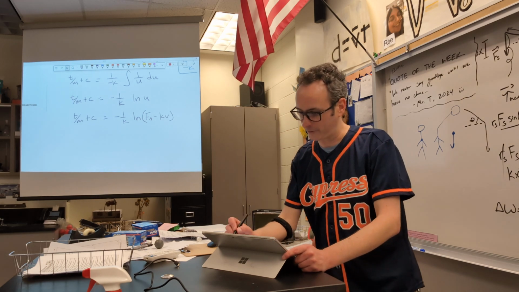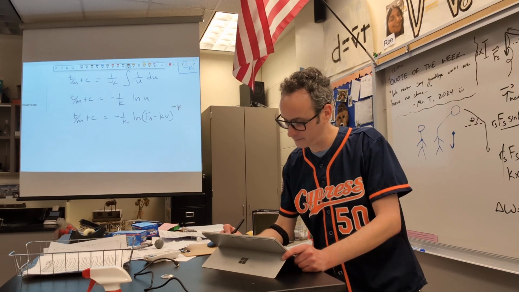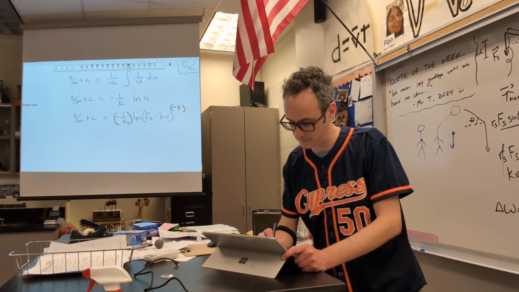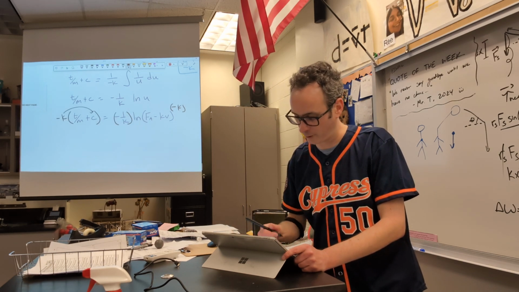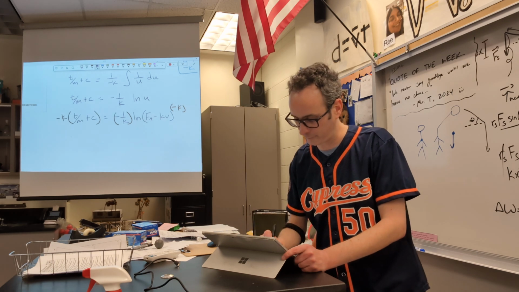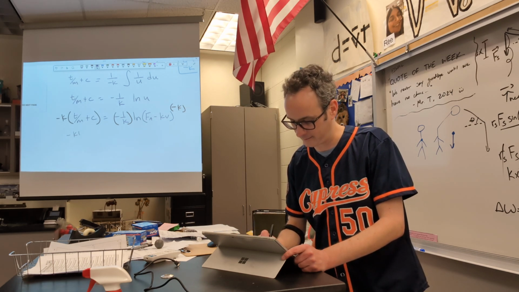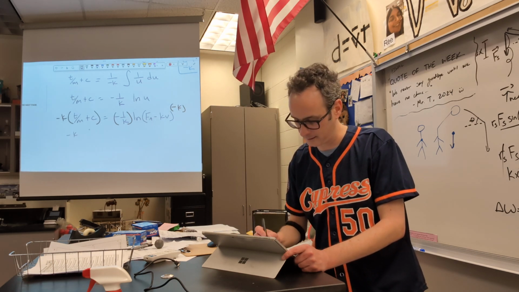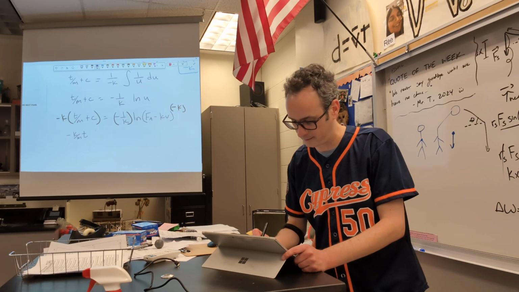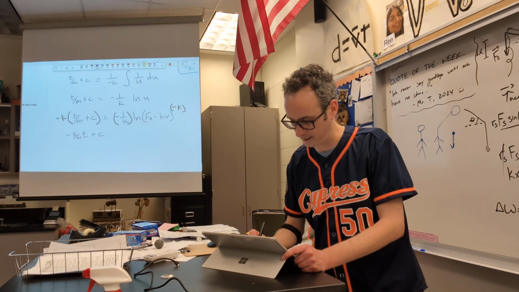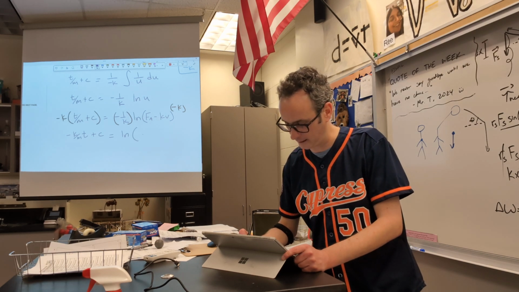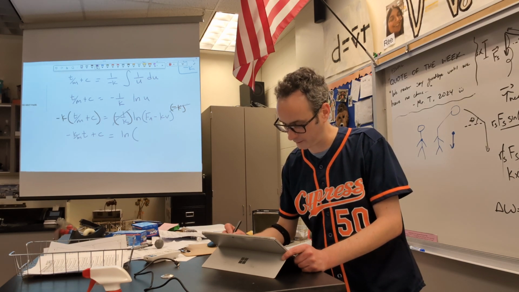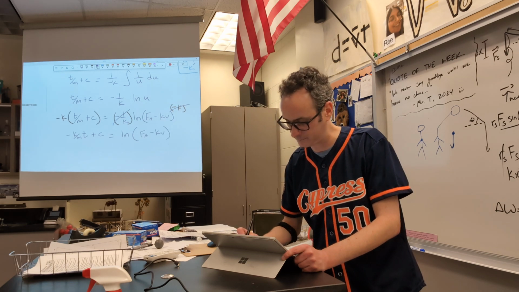So I'm going to multiply both sides by negative k. The k would just get absorbed into the constant. So it's going to be negative k t over m, or negative k over m t plus c equals the natural log of, this will cancel with that, fa minus kv.